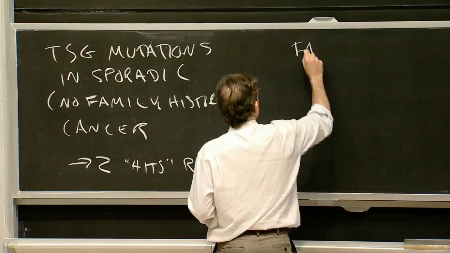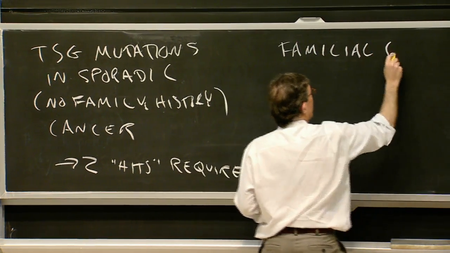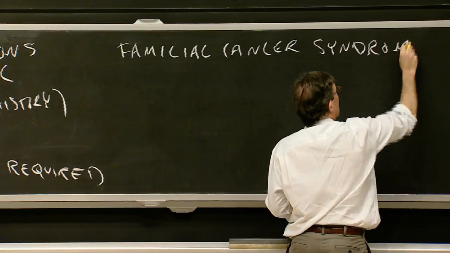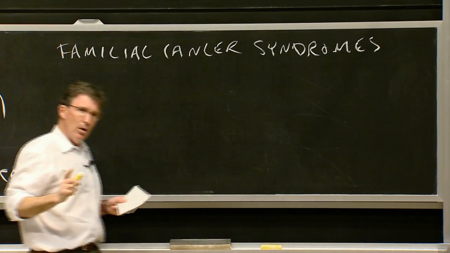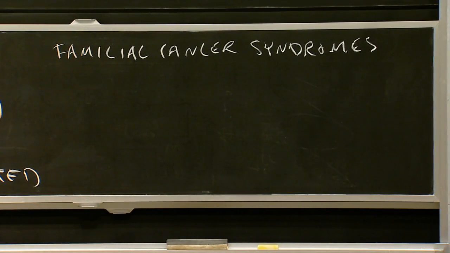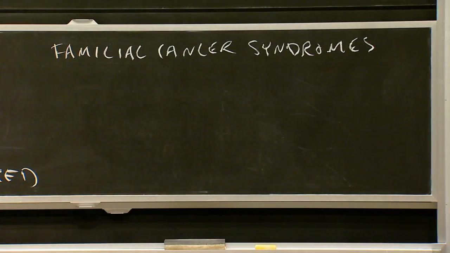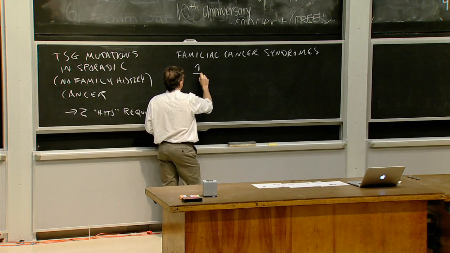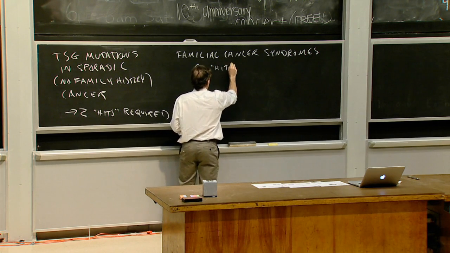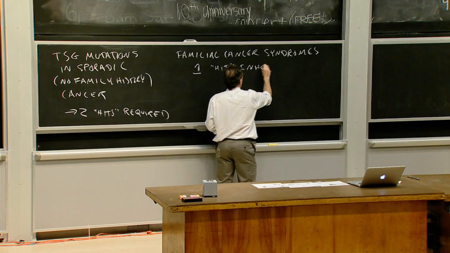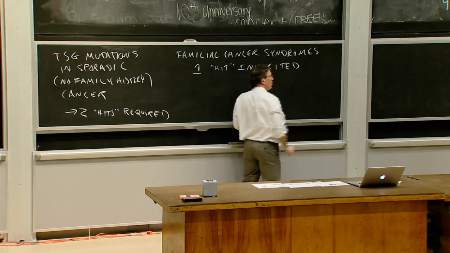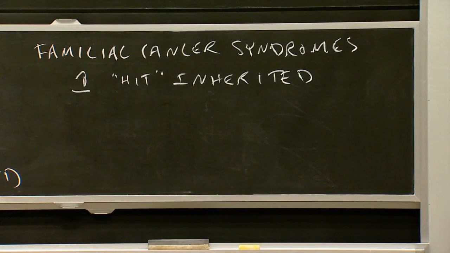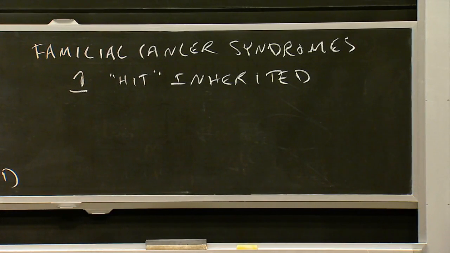And I also briefly introduced you to the fact that tumor suppressor genes are often, not always, but for the most part, the cause of familial cancer syndromes, where the individuals have a predisposition to developing a particular type of cancer, caused by inherited mutations in tumor suppressor genes. So one of the hits, one of the mutations, is inherited from one parent, meaning that every cell in that person's body carries one of the mutations already.